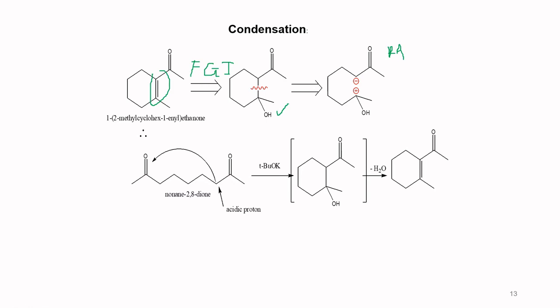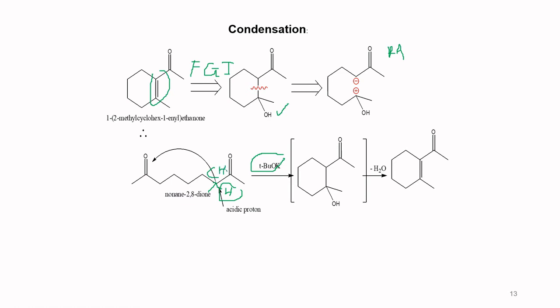What happens if we have an acidic proton here? When we have a base, this is the base. This base will abstract the proton, and then we will have CH2 minus.